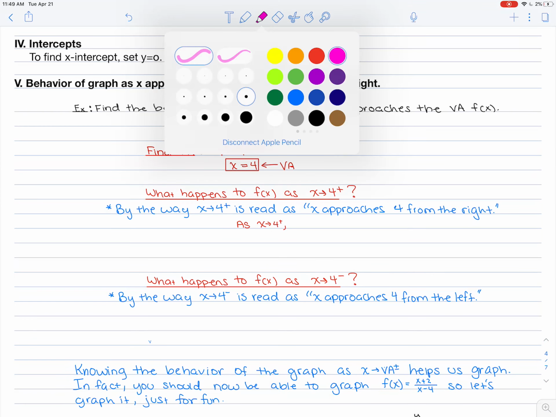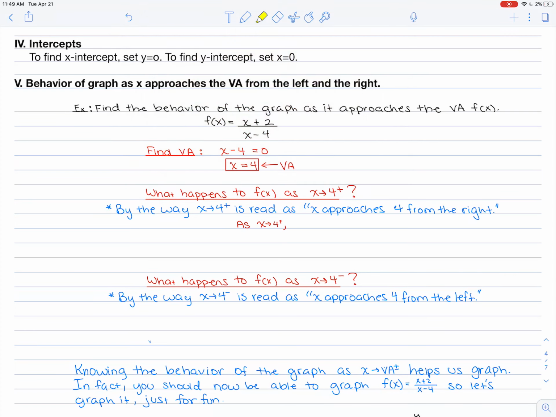I don't really like how that pink color looks because you can't see the words very well, so let's change it to yellow. What happens to f of x as x approaches 4 from the right? I wrote right underneath in blue how you read that, so you know that the little positive superscript means from the right.